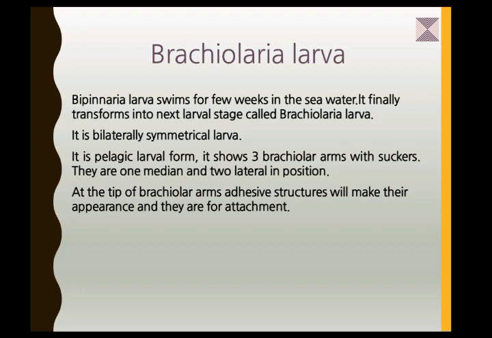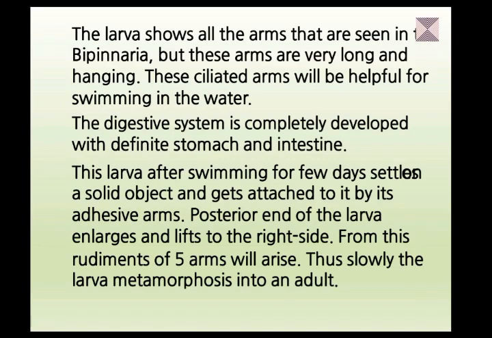At the tip of the brachiolar arms, adhesive structures make their appearance, and they are for attachment. In the previous diagram, we have seen the adhesive disc also. Now this larva shows all the arms that are seen in a Bipinnaria. So it is very closely resembling the Bipinnaria.